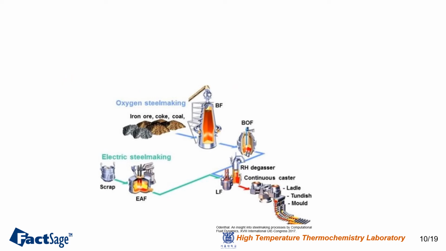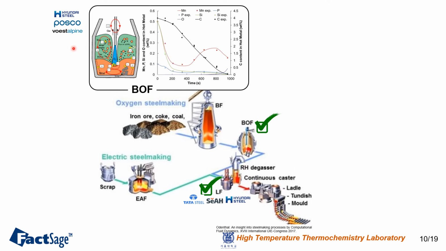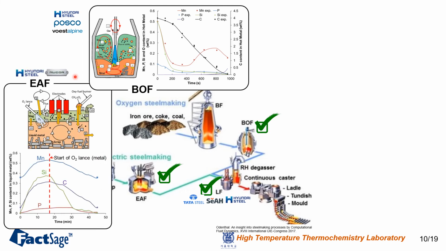Over the 10 years, we have done many process simulation models. For example, I just showed you the ladle furnace model for Tata Steel, and we also use the same model for SSAB and Hyundai Steel with slightly different tuning parameters. We also did the BOF converter model with Hyundai Steel, POSCO, and voestalpine. We also finished the electric arc furnace model with Hyundai Steel and Nucor Steel.